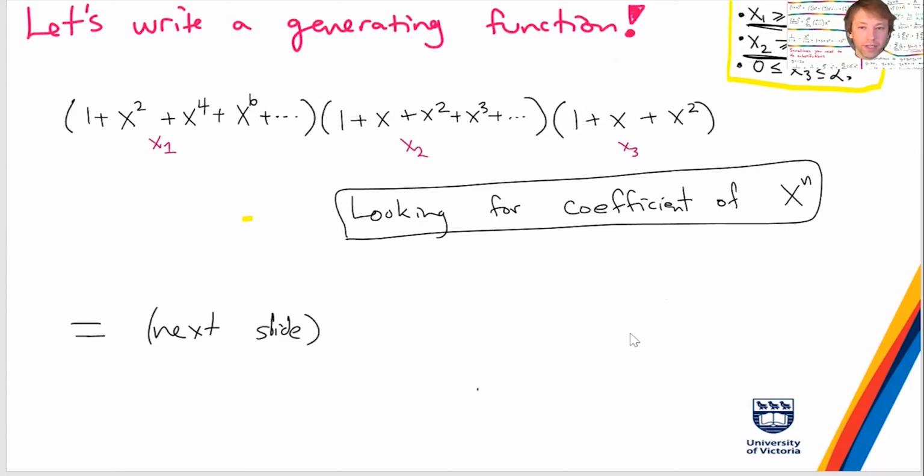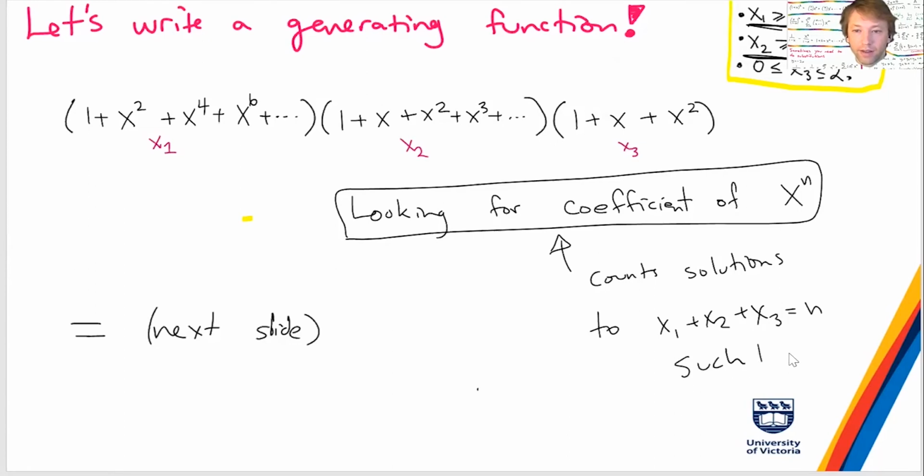And the coefficient of x to the n here will count solutions to x1 plus x2 plus x3 equals n such that these conditions hold.